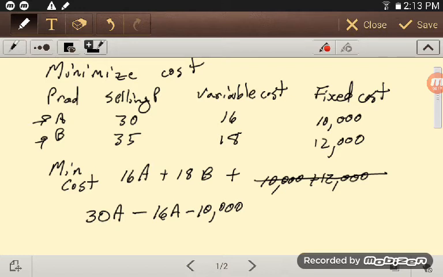And so this revenue minus cost needs to be at least 0. Now notice I didn't say equals 0, because what's wrong with it doing better than that? If I still minimize cost, not a problem.